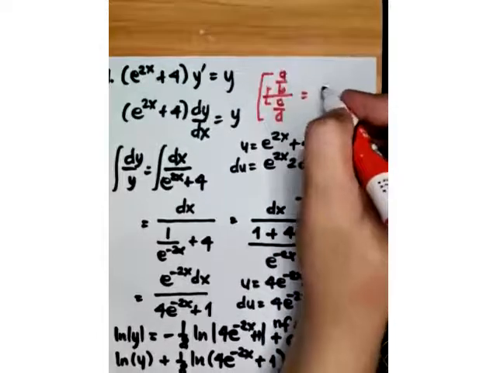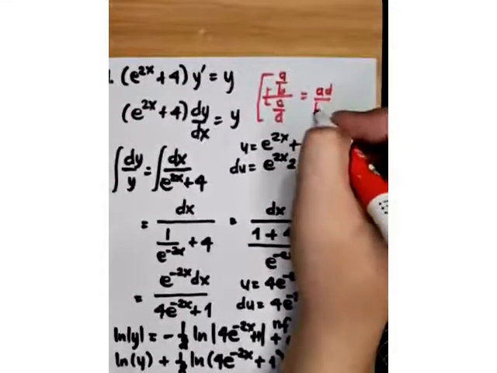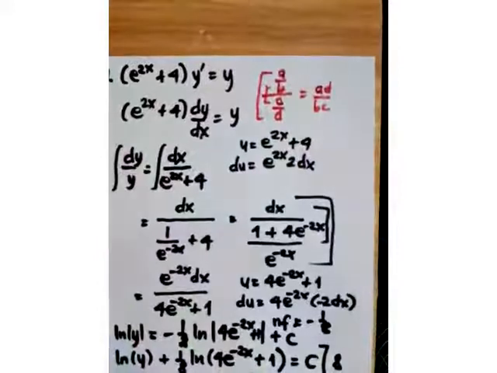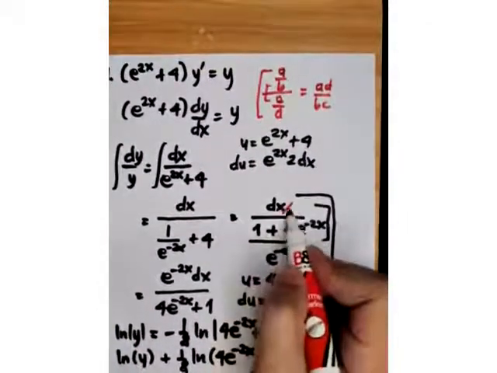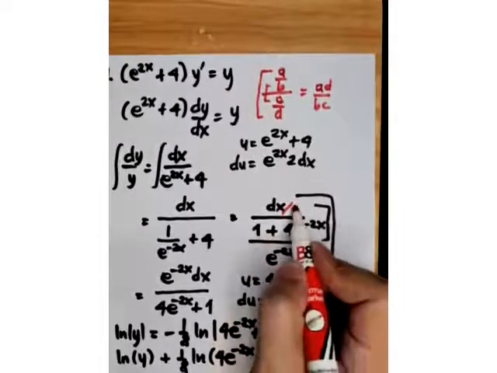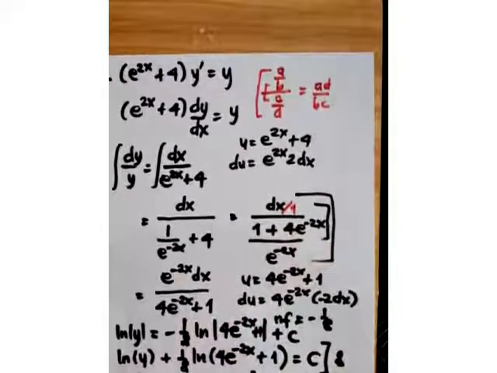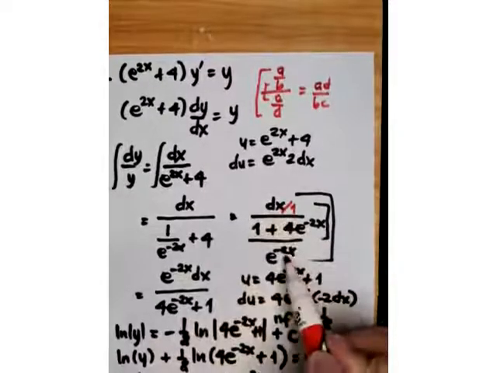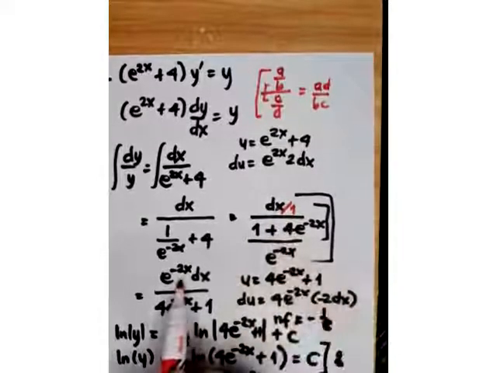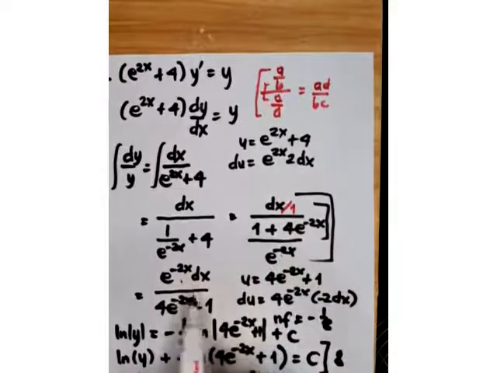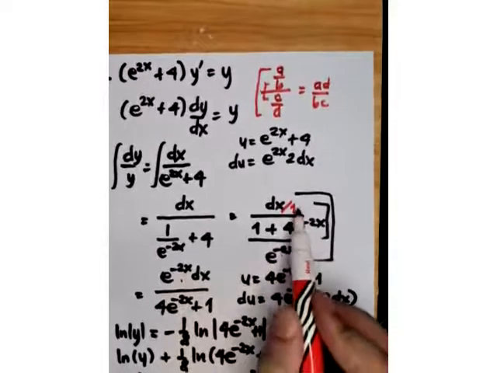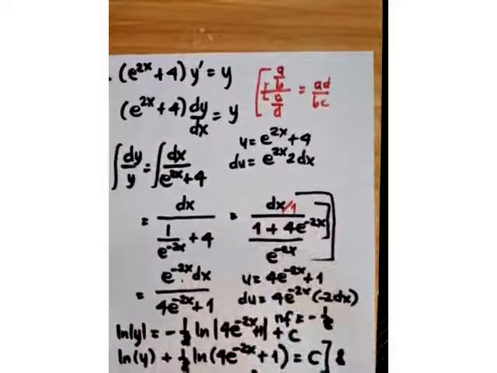So that's equal to A times D over B times C. Ito ay meron siyang parang invisible na over 1. Kaya dx times this one, which is this, dx times e raised to negative 2 all over 1 times this one, full term.